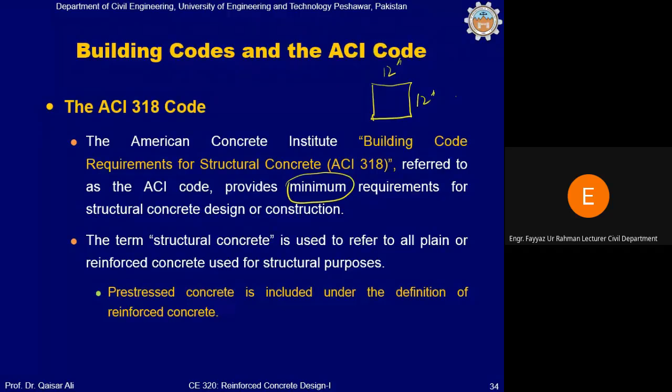However, you can provide a column size greater than this, like 15 inch by 15 inches, 18 inch by 18 inches, and so on. Clear? But you cannot provide a column size less than this one. Okay.